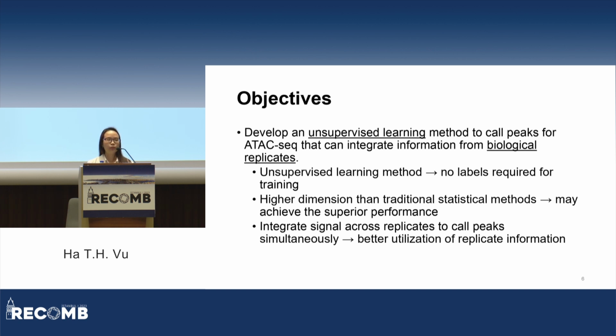And we want a machine learning method also because it potentially can handle higher dimensions than traditional statistical learning and may achieve better performance, based on the observation from supervised learning. And also, we want to integrate signal across replicates simultaneously from the beginning, and maybe it will be a better way of utilizing replicate information.